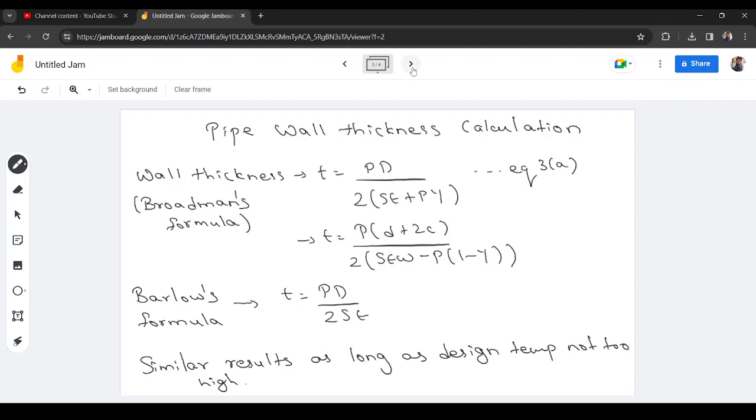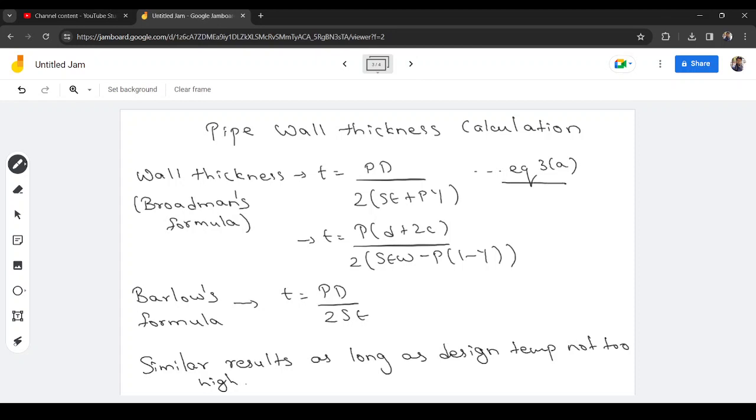the thickness requirements, these can be given by both ASME B31.3 as well as API 570 examination, but the approach in both of these codes is slightly different. In ASME B31.3, generally the thickness requirements for the piping system based on the pressure are given on the basis of the Boardman's formula. So these are two variations of the formula.